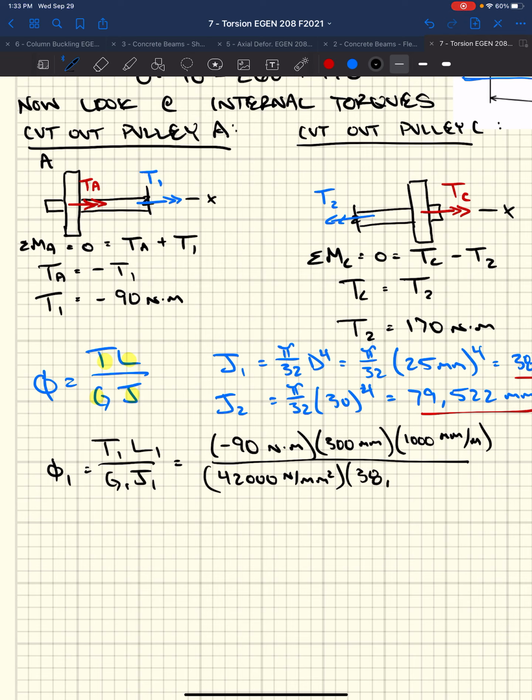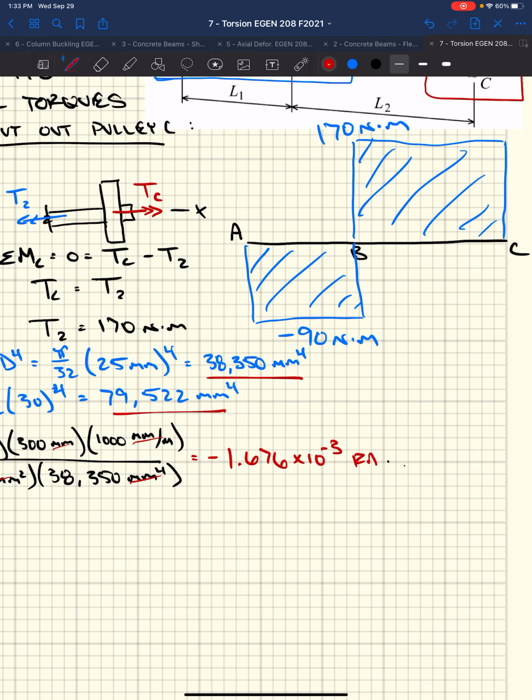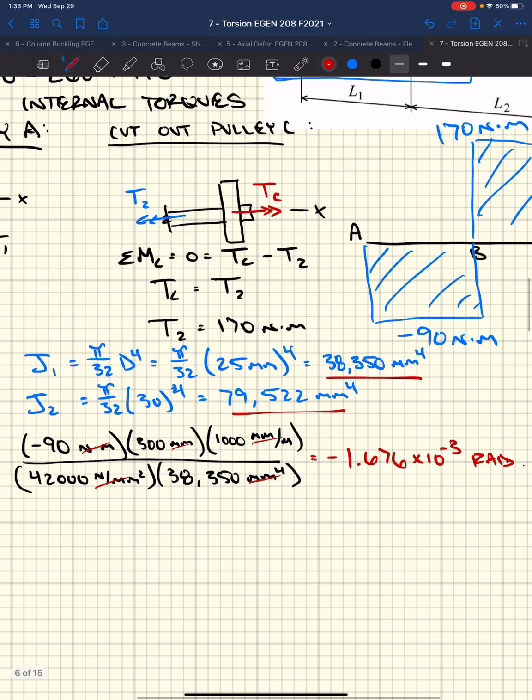Our J1 is 38,350 millimeters to the fourth. Well, if we work through all of this, all the units cancel. We get radians. We get negative, we had negative 90. 1.676 times 10 to the negative third radians. Just chugging along, inputting all of the variables.